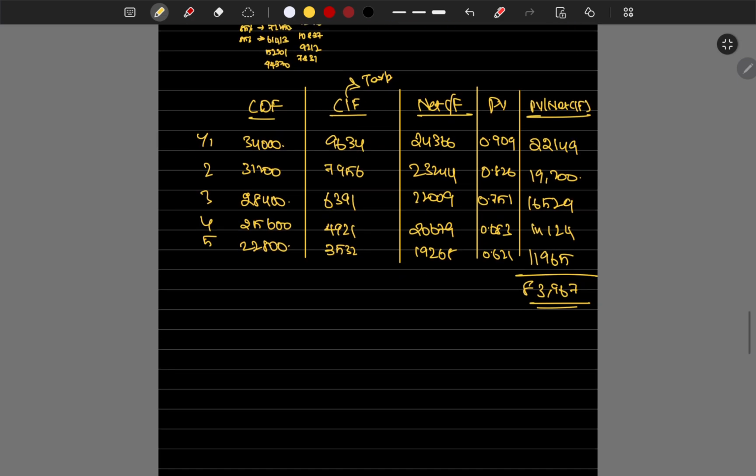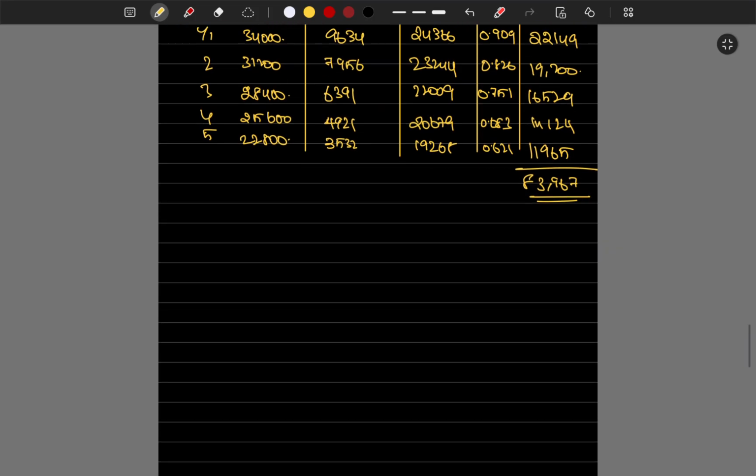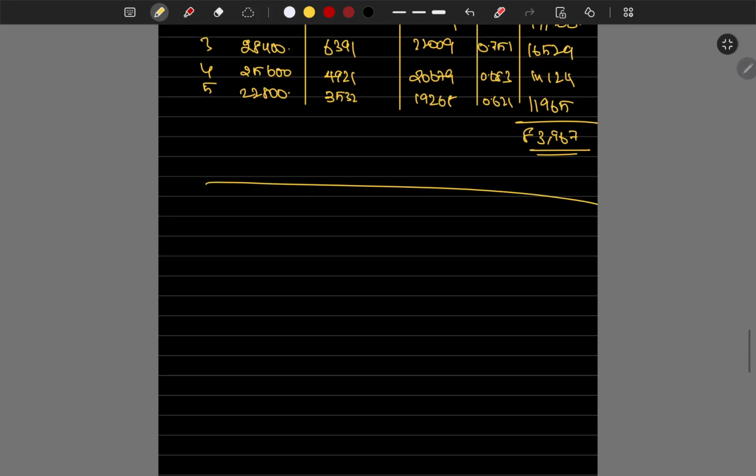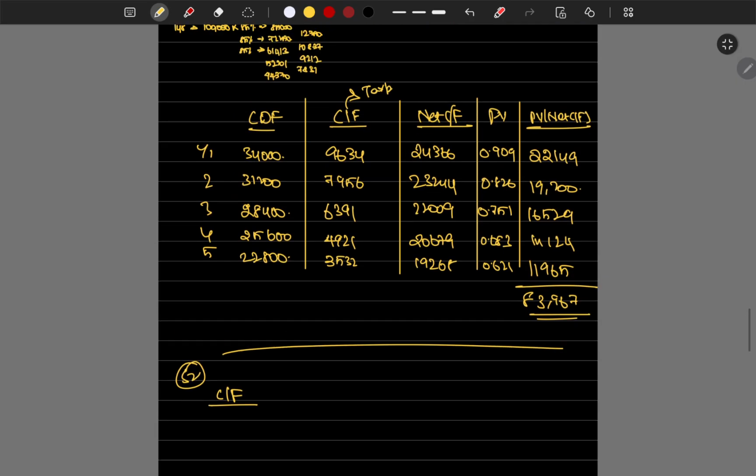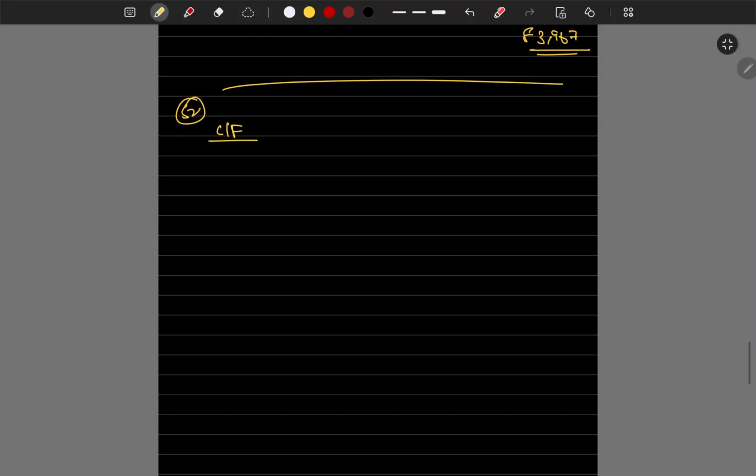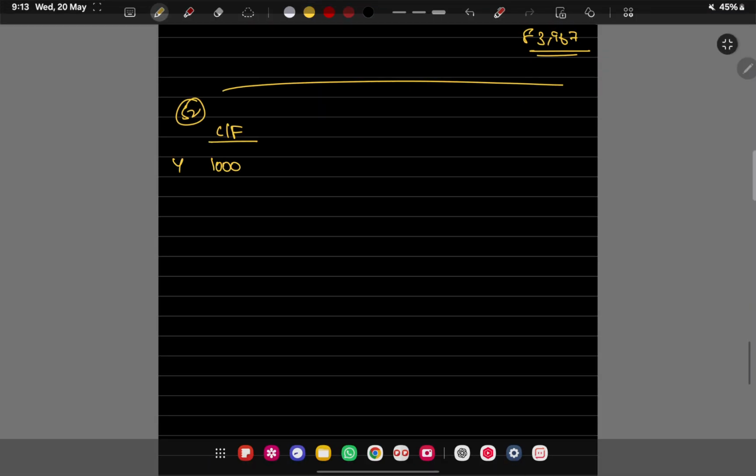Okay, this is the present value of cash outflows in case we are buying the asset. Okay, what if we are leasing the asset? Leasing the asset means very simple. Cash flows will be 1% processing fee, so 1,000 in year one.